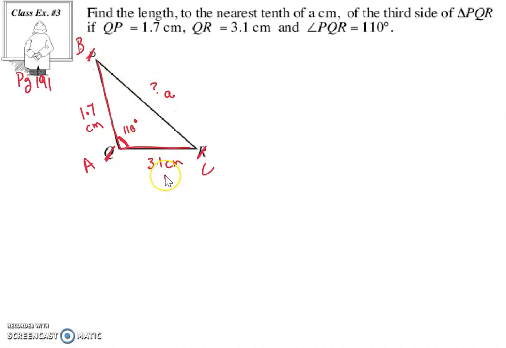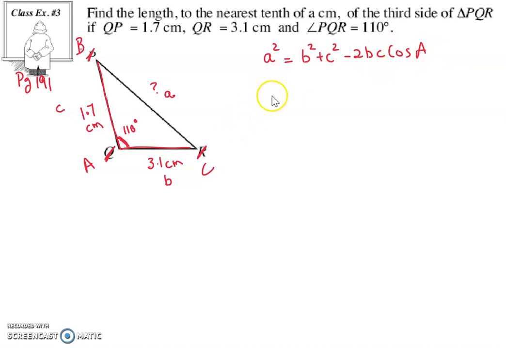Angle B, so that means this is side B. Angle C, this is side C. So that means I will use a version that has A squared being solved for. So I will write that down. It's A squared equals B squared plus C squared minus 2BC cos of angle A.